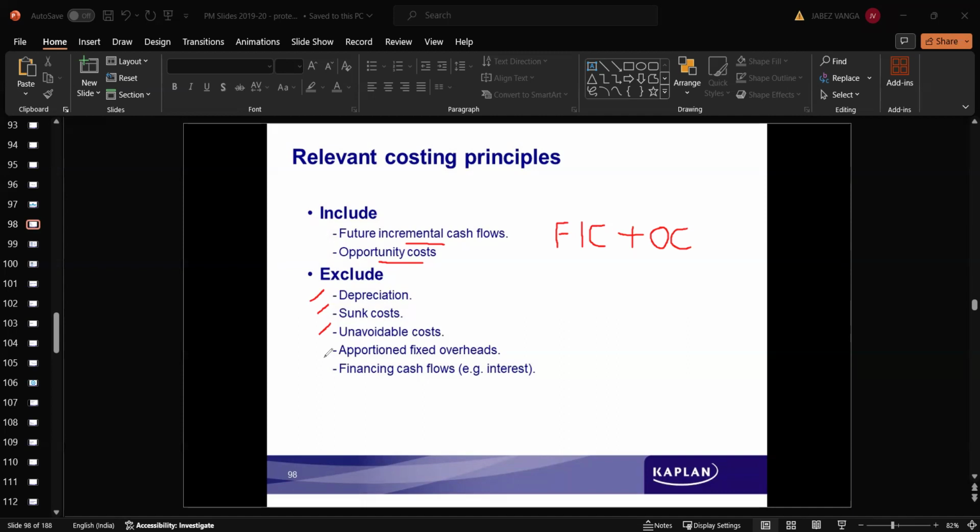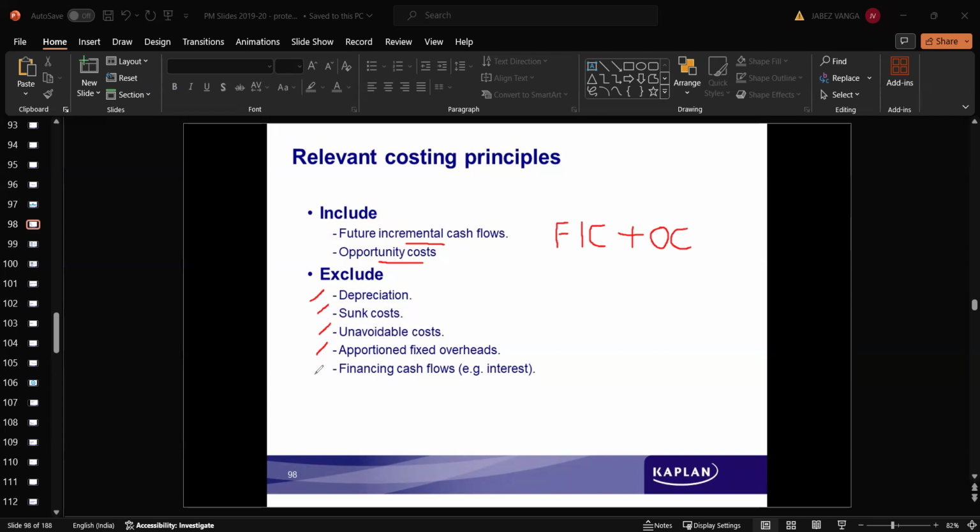In that case, these fixed overhead costs would not change because a decision is taken. So apportioned fixed costs, or the costs allocated to the departments which are incurred as common firm-based costs, also will not change. So that is to be excluded.